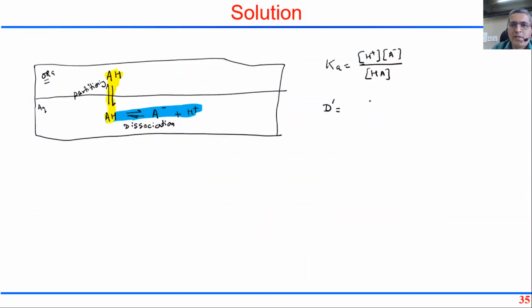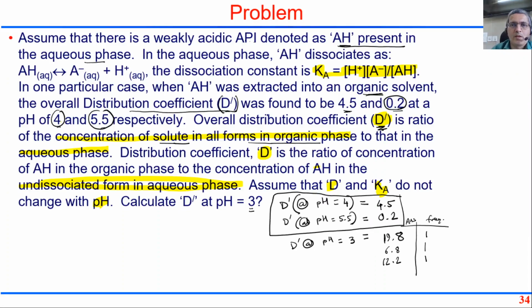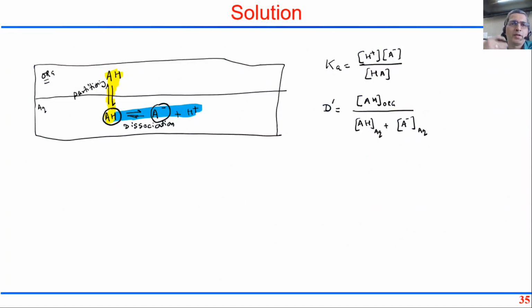That means D prime is the concentration of AH in the organic phase divided by AH in the aqueous phase plus A minus in the aqueous phase, because in the aqueous phase AH exists as AH as well as A minus. In the organic phase there is no question of A minus. A minus does not exist in the organic phase, right?